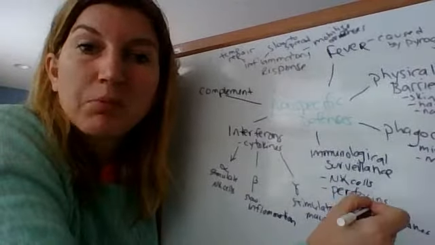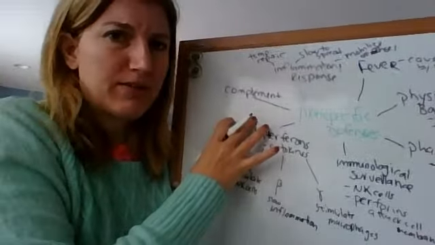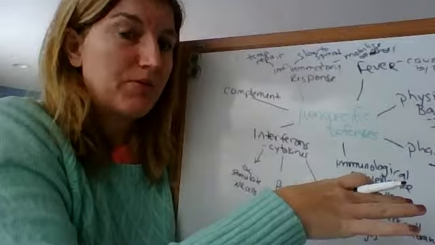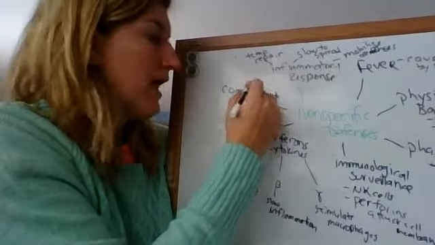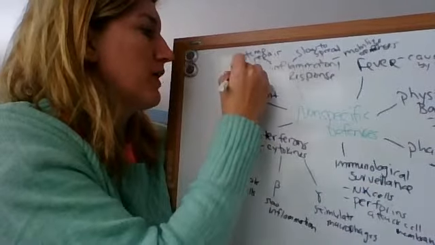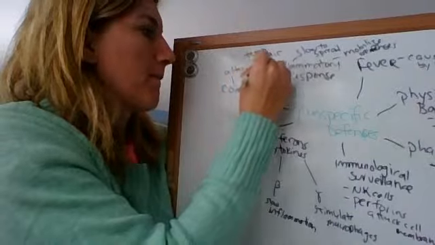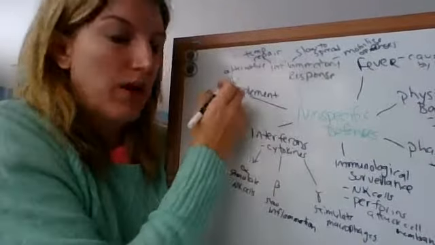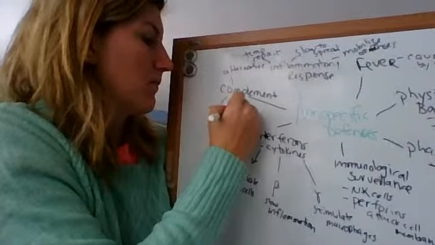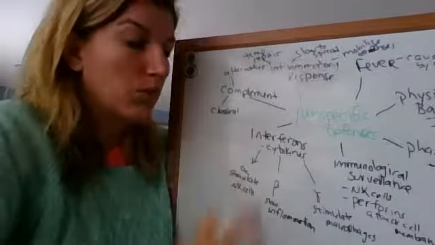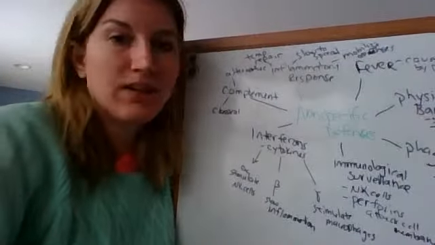In our complement, there's a couple different pathways that take place, which your book does a good job of describing, and I'll point out your book in a little bit. But you basically have what you call the alternative pathway, and you have what's called the classical pathway. What actually happens is it's like a chain reaction.